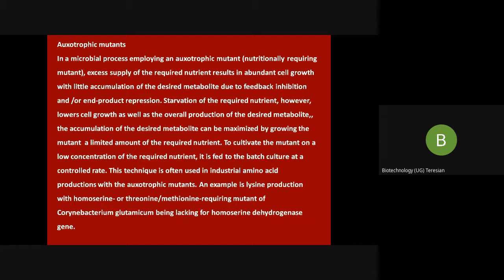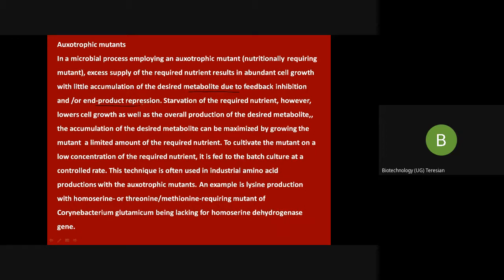What happened is, when we took this auxotrophic mutant, we supplied it with the nutrients that the microorganism required, so that microorganism grew well. That was abundant cell growth, but little accumulation of the desired metabolite. It was very less. Why? This was because of the feedback inhibition or end product repression.